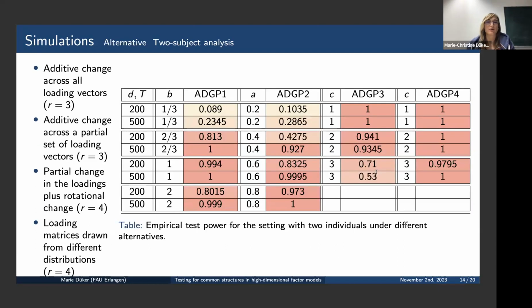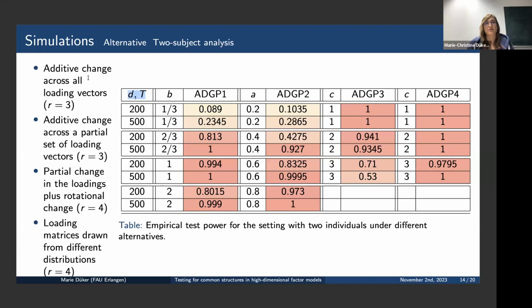So also moving on to the alternative, again, we are in this two-subject analysis. We look at the alternatives, which basically means now there is no rotational change, but there are changes of different kinds. So for example, the first one is an additive change. We again assume that D and T are both either 200 or 500.